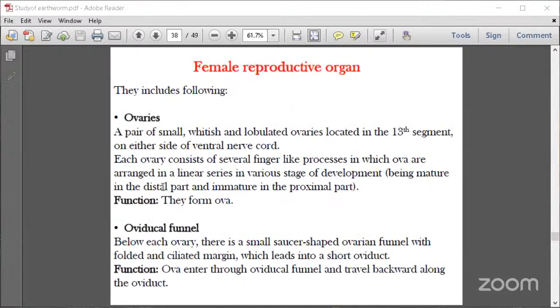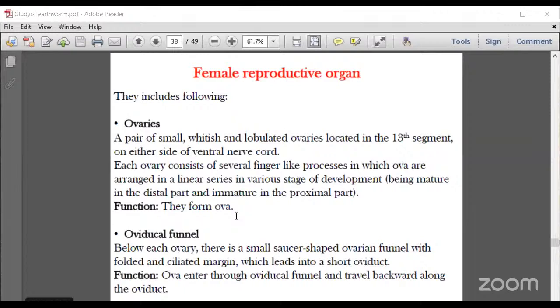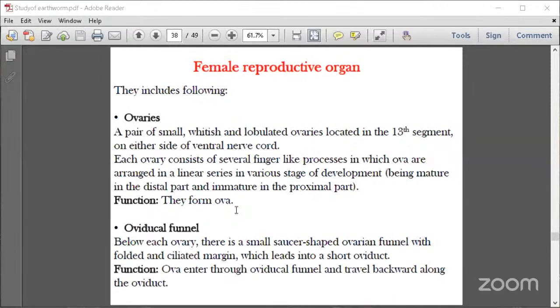The next one is the female reproductive organ of the earthworm. The female reproductive organ contains ovaries, oviducal funnel and oviduct, and spermatheca.